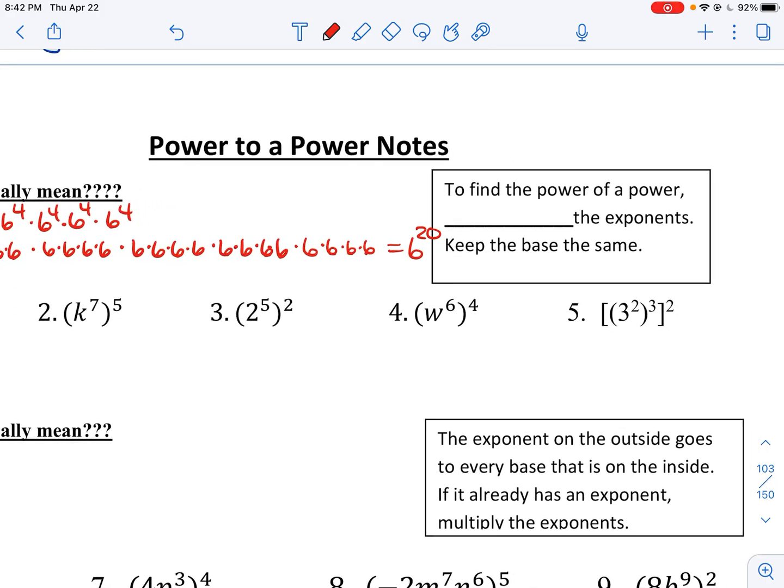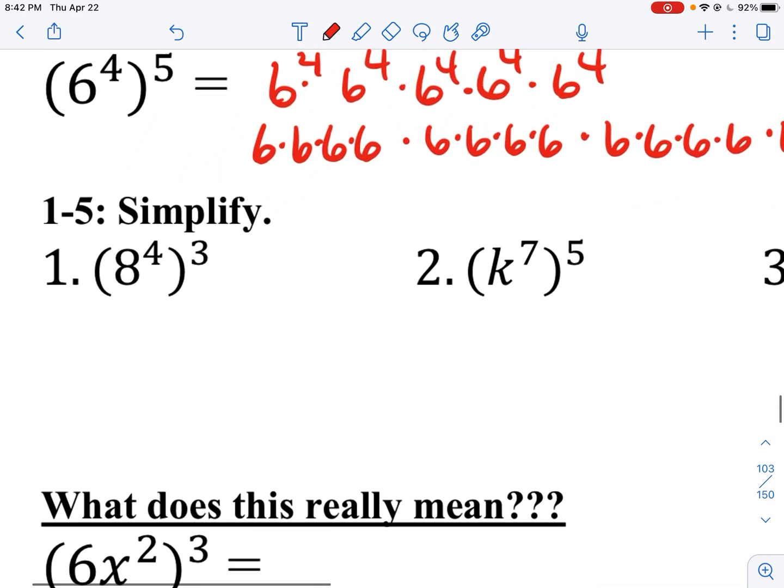So to find the power of a power, you multiply the exponents.